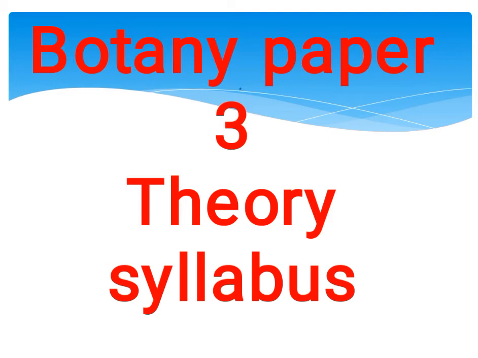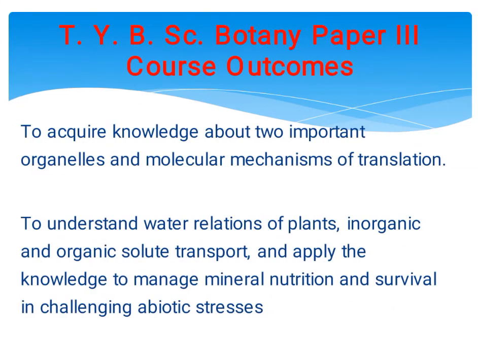So let's start with learning outcomes of Botany Paper 3 known as Forms and Function. For unit 1, the learning outcome will be to acquire knowledge about two important organelles and molecular mechanisms of translation. Unit 1 is basically related with cell biology or molecular biology.